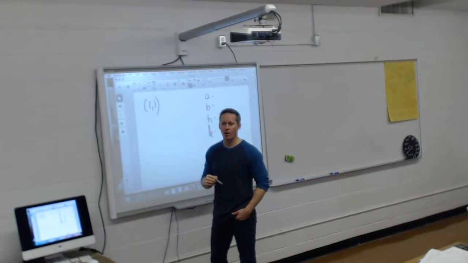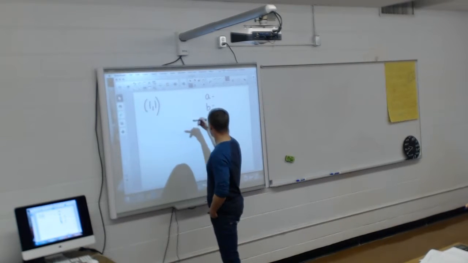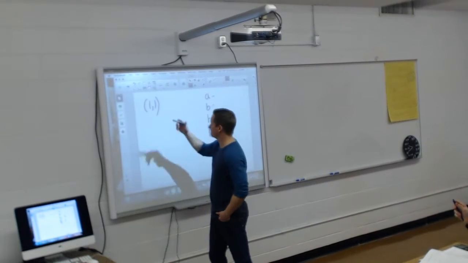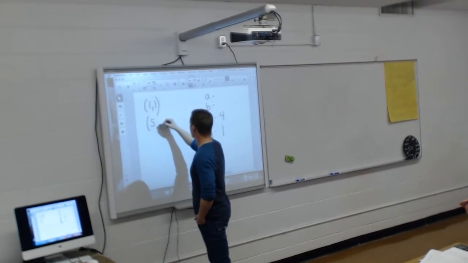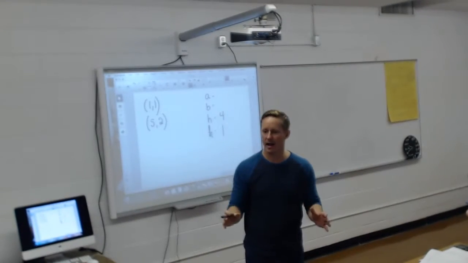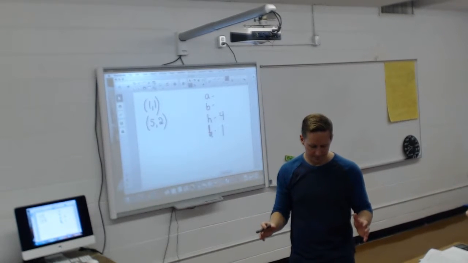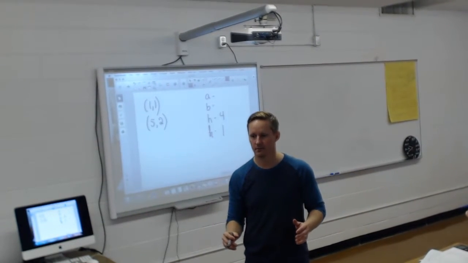My 1,1 value moves over to the... so this would be 5 and 2, right? That's kind of where it would be if I had no A and no B. You agree? But it's actually 5 and what?